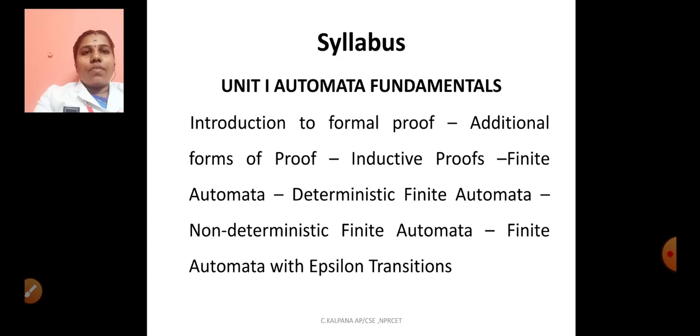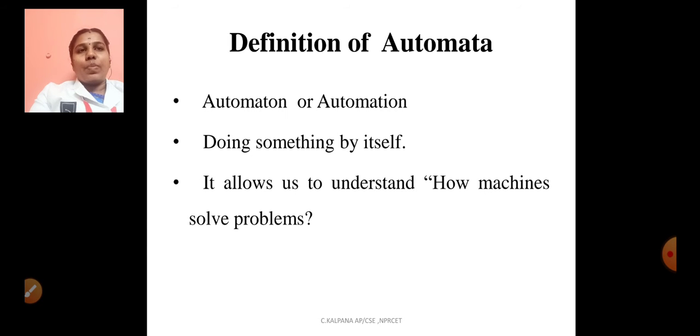So the first half of the unit deals with basic concepts of mathematical principles or functions, that is formal proof, additional forms of proof, which is based on the set theory concept, and inductive proof. And the second half is fully based on automata, that is how machines solve problems effectively, which is called finite automata.